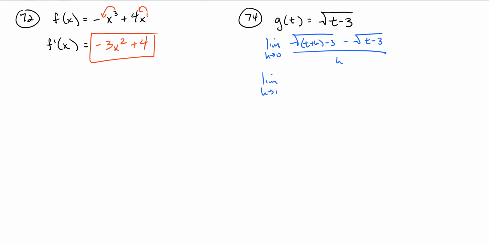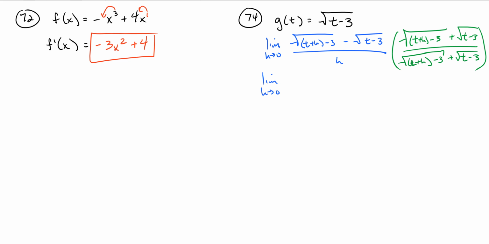So I get the limit as h goes to 0. I'm going to go ahead and multiply by the conjugate of all this. So square root of t plus h minus 3 plus square root of t minus 3 over square root of t plus h minus 3 plus square root of t minus 3.